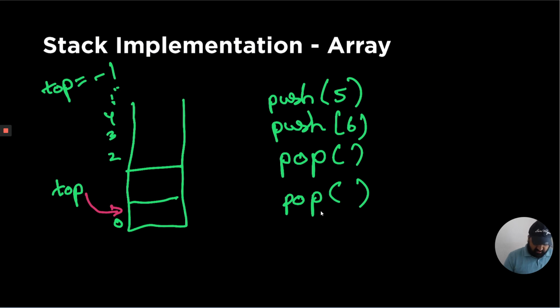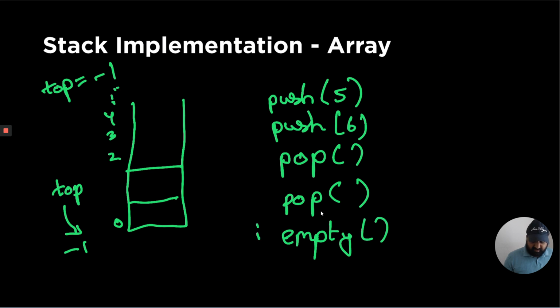So basically this is removed. Top now becomes -1. And finally, if we now do an operation like empty or is empty, it could be any one of them, this should return true because our stack is empty.